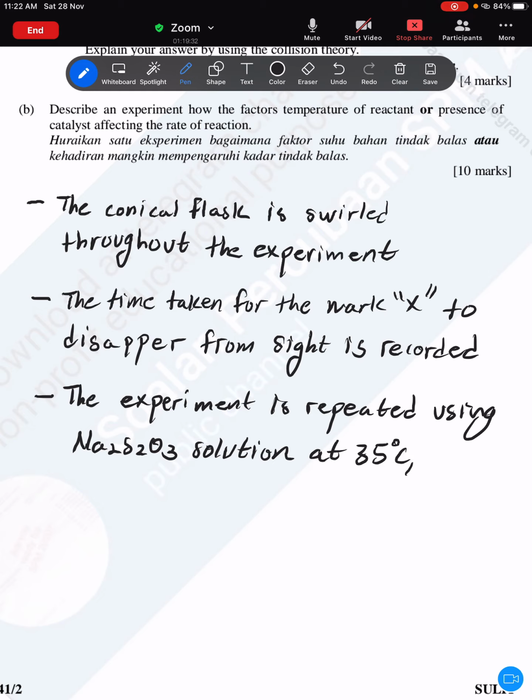We repeat again, 40 degrees Celsius, 45 degrees Celsius. Put logical values; as long as it is logical, then okay. And 50 degrees Celsius. Two or three is fine. Put two or three different temperatures.